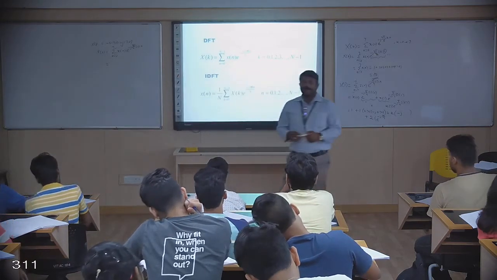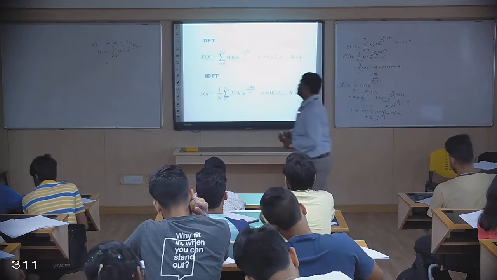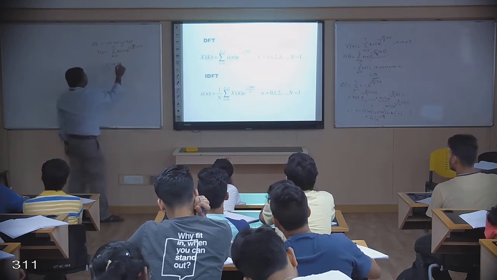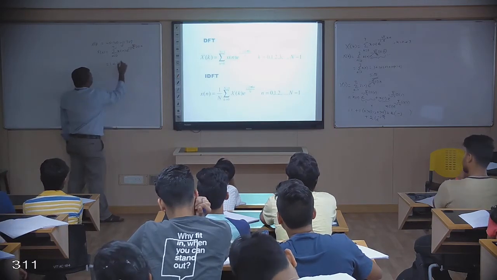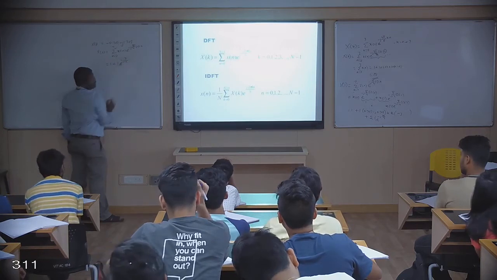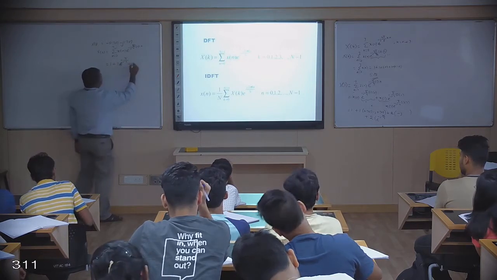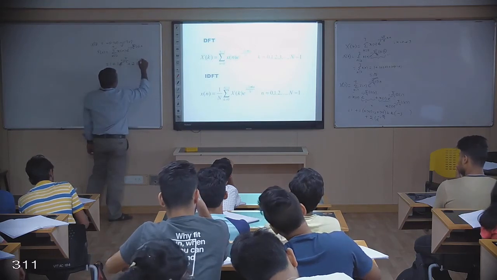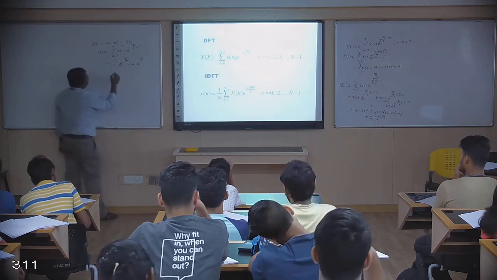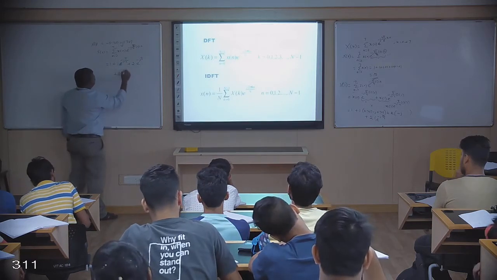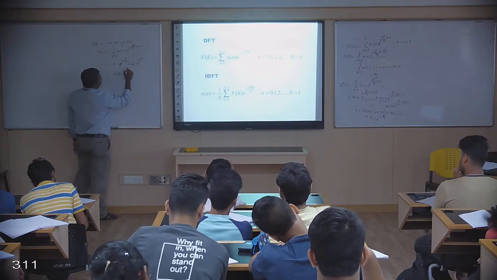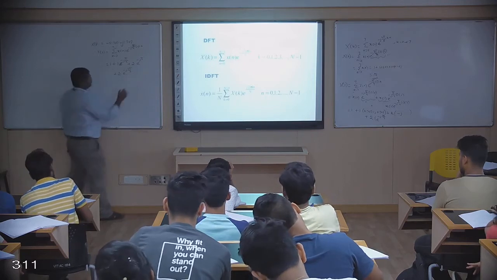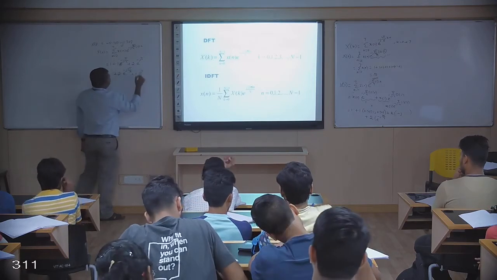So when you are doing 2n, of course the first term n is 0, so 1 plus 1 into e power minus j pi by 2 plus 2 into e power minus j pi plus 2 into e power minus j 3 pi by 2.